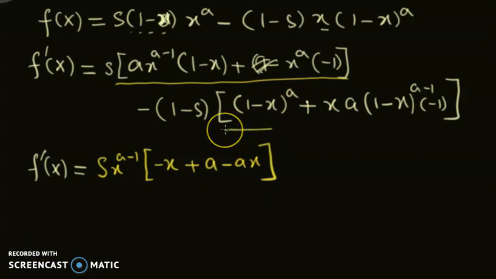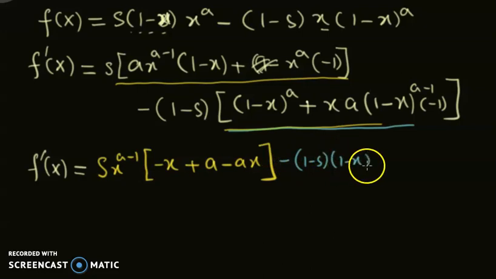And then from this bracket over here, if we take 1 minus x to the a minus 1 as common, then we get 1 minus s times 1 minus x to the a minus 1 is common. So this guy will go, no, we will be left with 1 minus x, and then we will get this x times a, but with minus a times x.